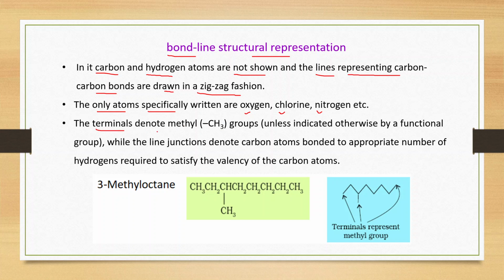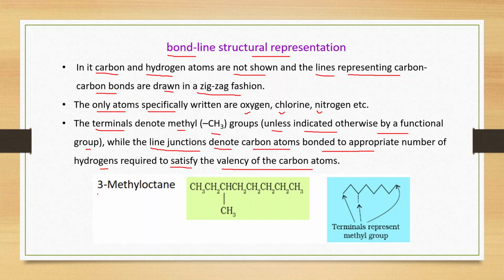The terminals denote methyl, that is CH3 groups, unless indicated otherwise by a functional group. While the line junctions, that is where lines are joined, denote carbon atoms bonded to the appropriate number of hydrogens required to satisfy the valency of the carbon atoms.